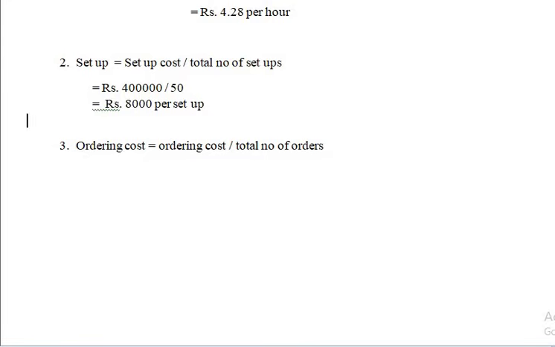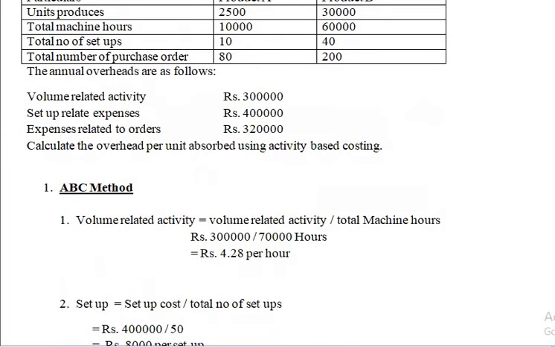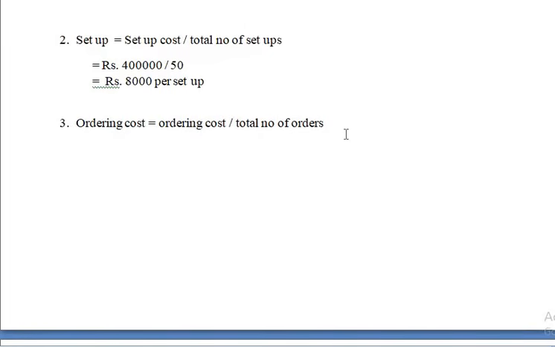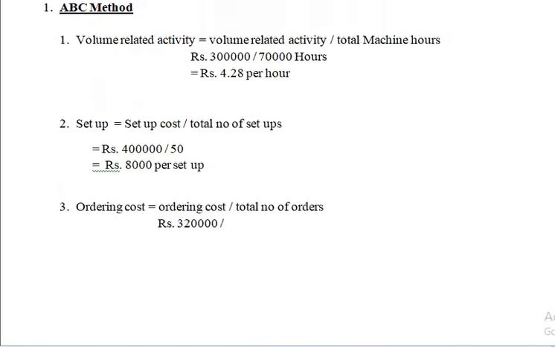Now the last activity, ordering cost, the expenses related to orders. The expenses related to orders are rupees 3 lakh 20,000, divided by the number of orders, because the ordering cost is based on the number of orders.